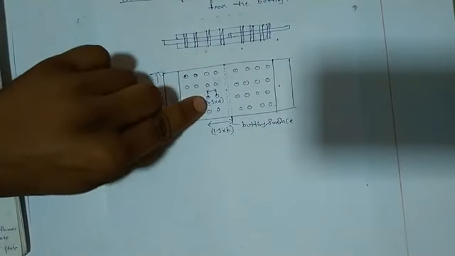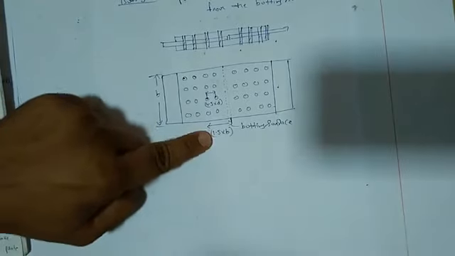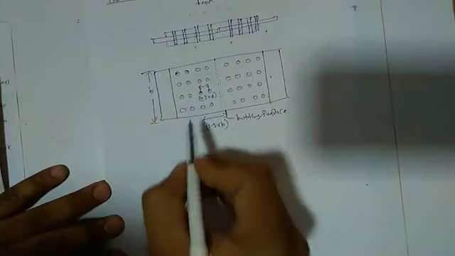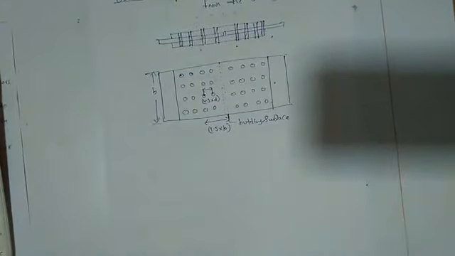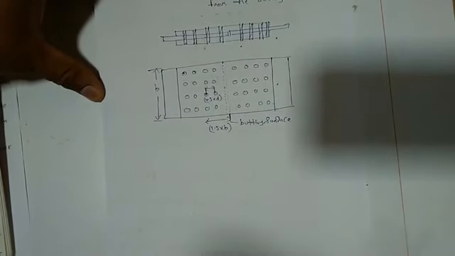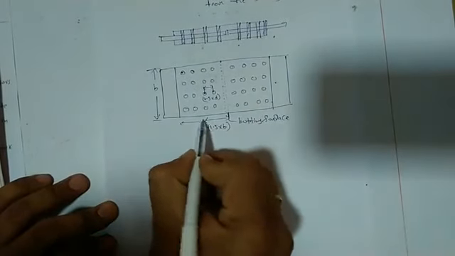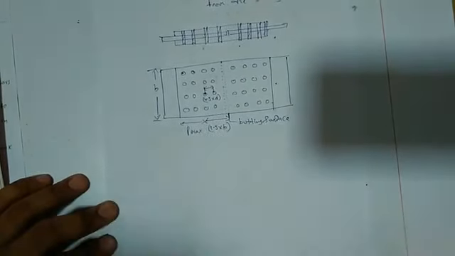For the butt joint connections, you have to follow a pitch of 4.5 times of d for a distance of 1.5 times of b. Then after that, you can follow the distance we mentioned as the previous maximum pitches.